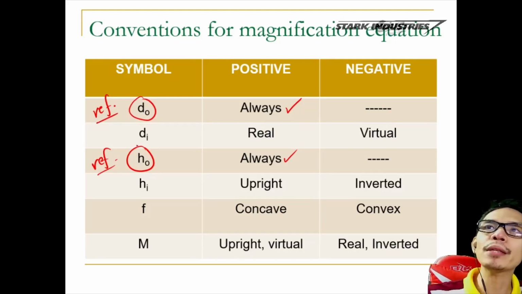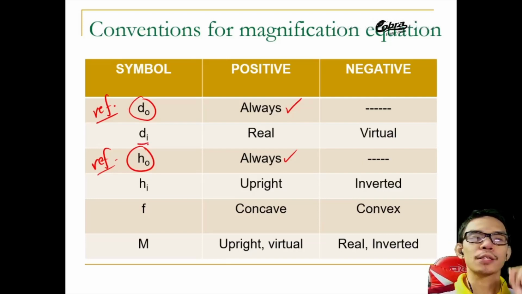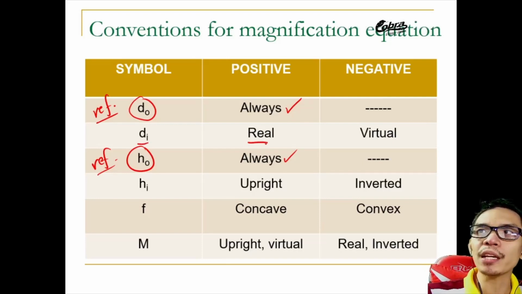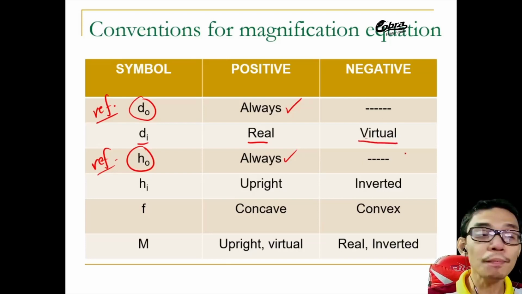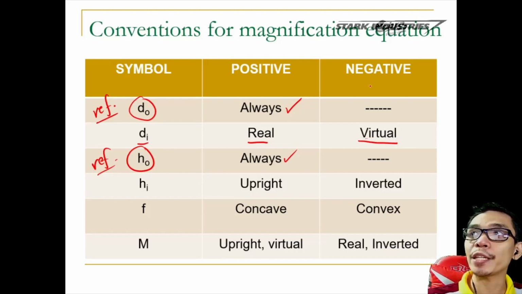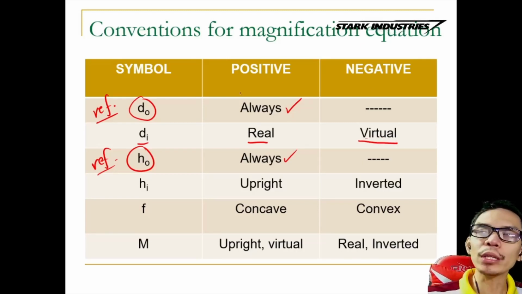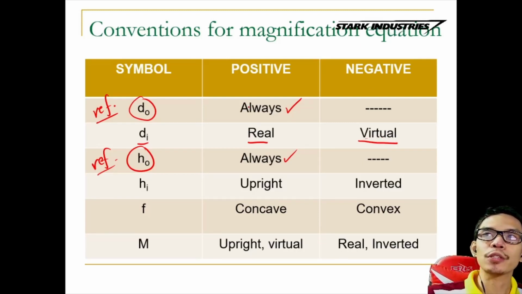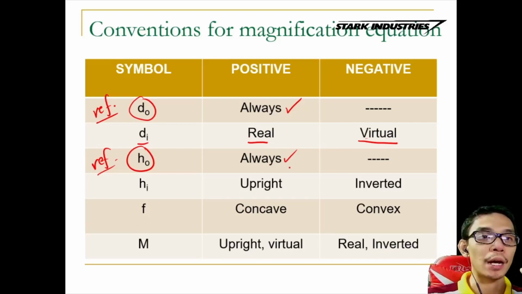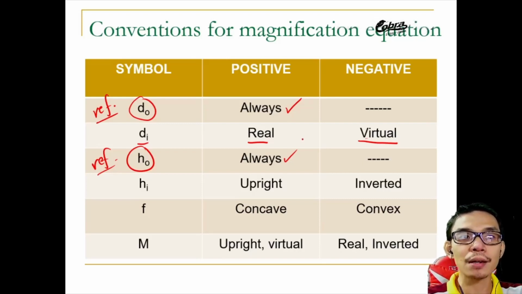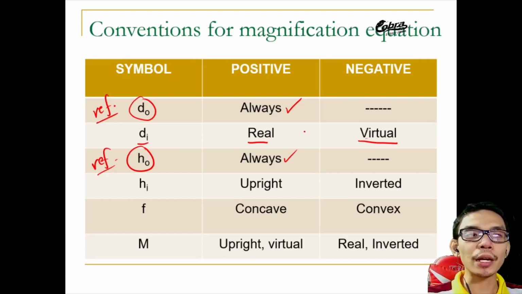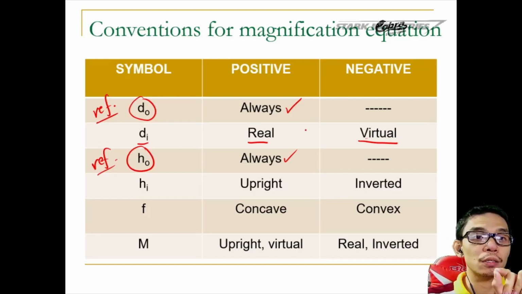Next, how about the distance of the image? If it is a real image, then it is positive. If it is virtual, then it is negative. What is the reason behind this? From its definition, real images are images that are formed on the same side as the object.